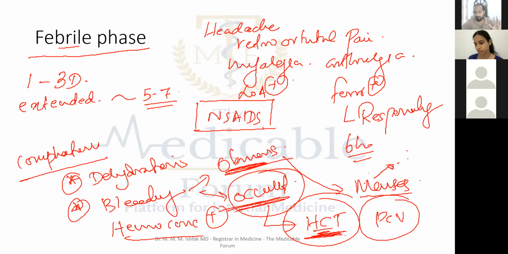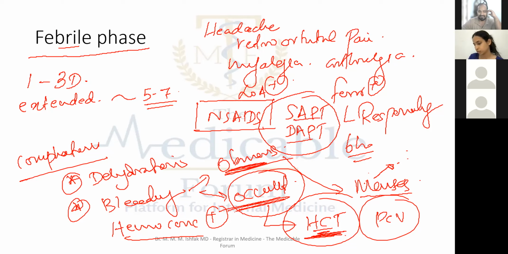NSAIDs can cause bleeding, so we don't advise them. Next is people who are on single antiplatelet therapy or dual antiplatelet therapy. During the febrile phase, it is best if you can withhold them for that period, because you have a platelet dysfunction, and they can promote bleeding, right?